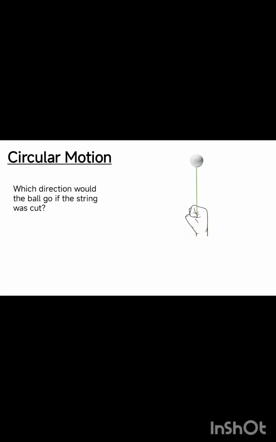Let's suppose this is a ball which is whirling, doing a circular motion like this. Suppose the string is cut or breaks while the object is doing this circular motion.